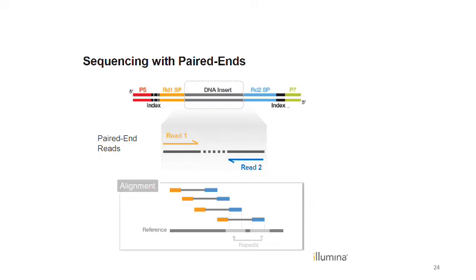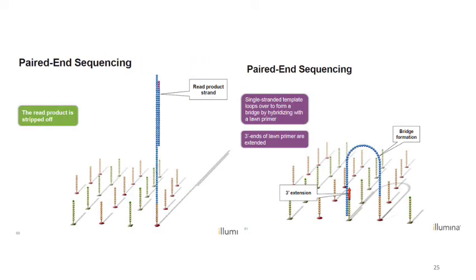In paired-end sequencing, after we have the sequence read with the read 1 primer, we need to generate the complementary strand and sequence it. In order to generate the complementary strand of DNA, the strand of DNA created during sequencing must be removed. This is depicted in the image on the left-hand side of the slide.